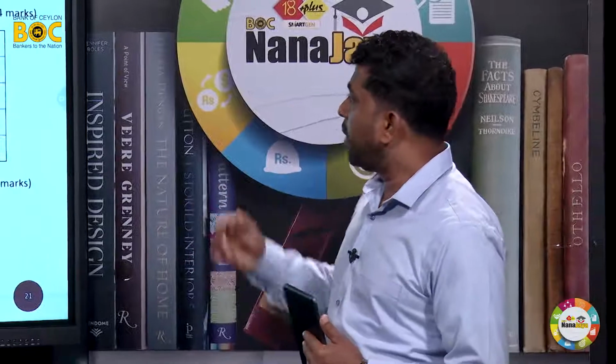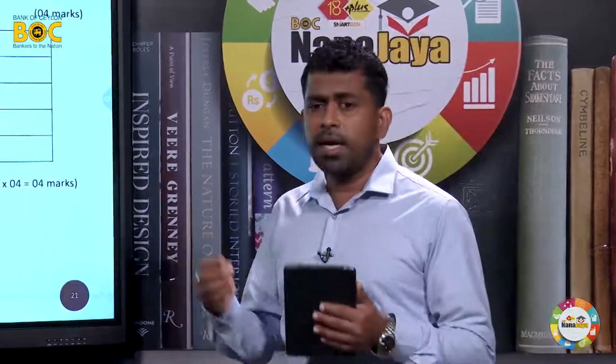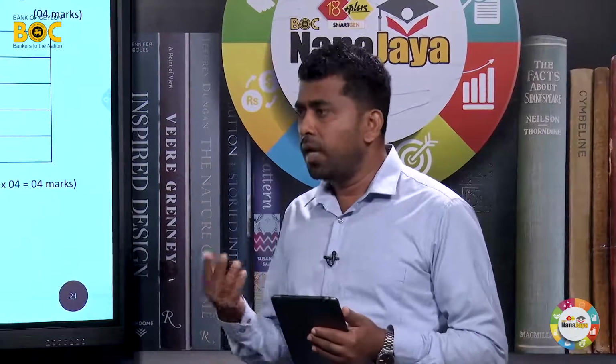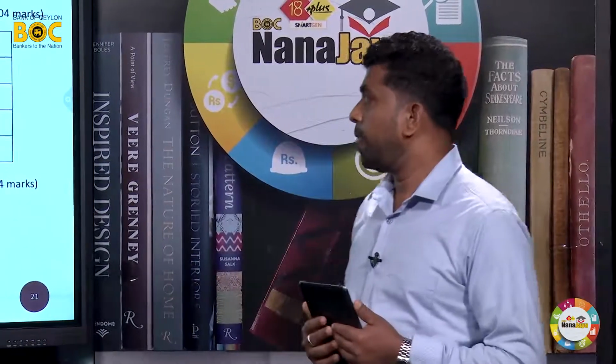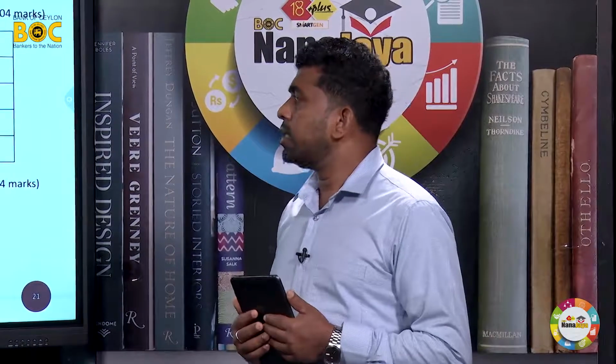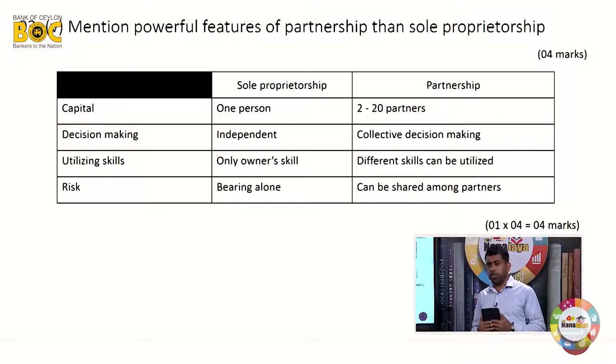But in a partnership, there is collective decision making. Different points of view, different ideas can be collected and viewed when making a correct decision. In a sole proprietorship, only the owner's skills are utilized, but in partnerships, different skills of partners can be utilized.